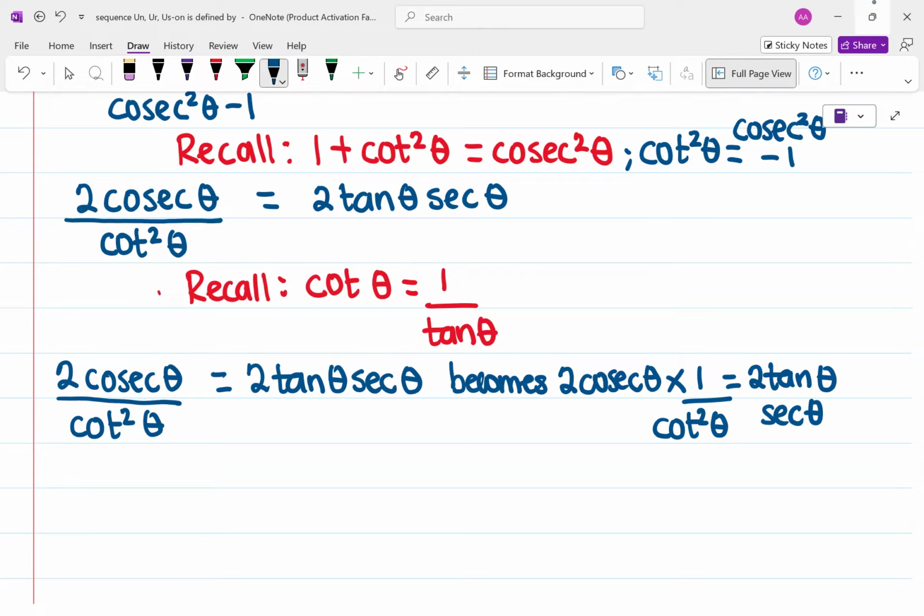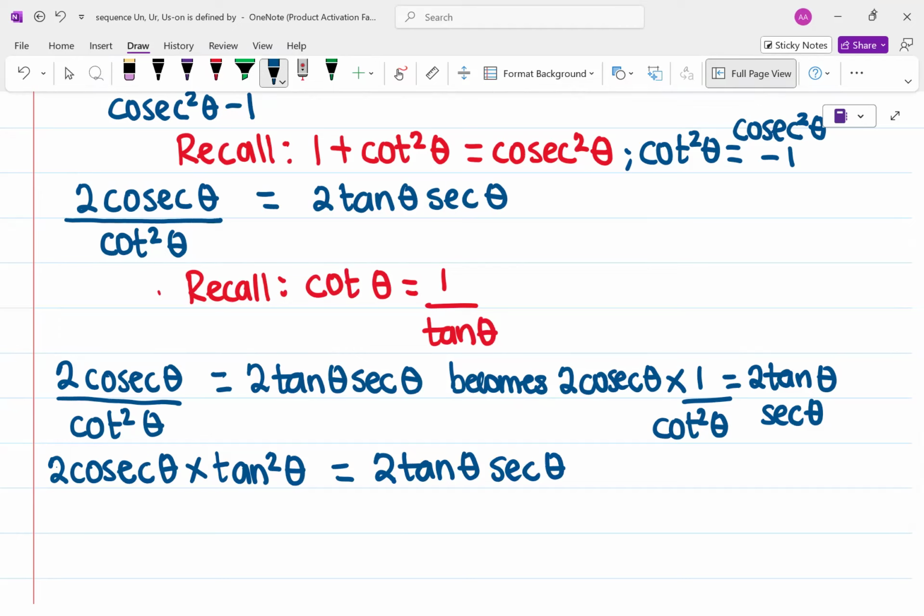So this will now become 2 cosec theta times tan square theta equals 2 tan theta sec theta, because we took the inverse of that cot. 1 over cot theta gives us tan theta.